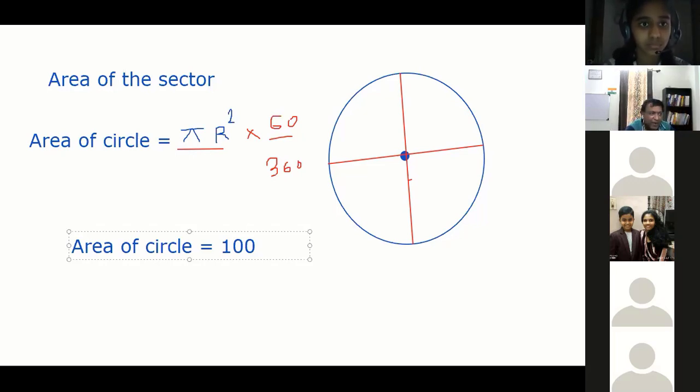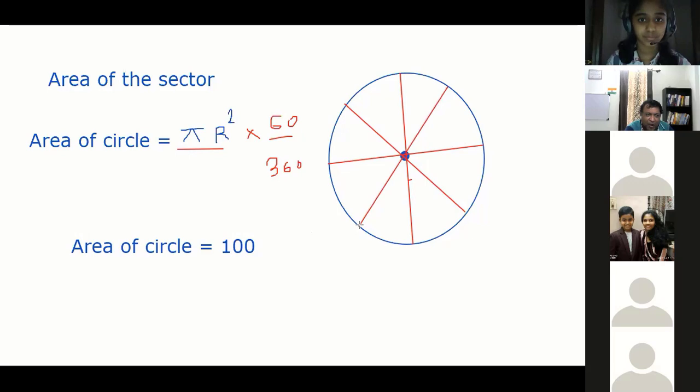If I make it into 8 equal parts, then what will you do? 100 divided by 8. So it is 1 by 8, right? Where is it coming from? 1 is my full circle, and out of the 8 parts I have taken 1. If you start imagining, what is this?